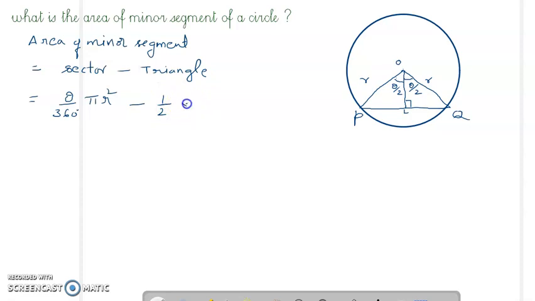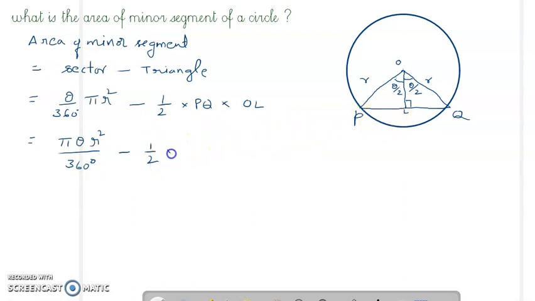Half base is nothing but PQ and height is nothing but OL. Now that equals pi theta r square upon 360 degrees minus half PQ.